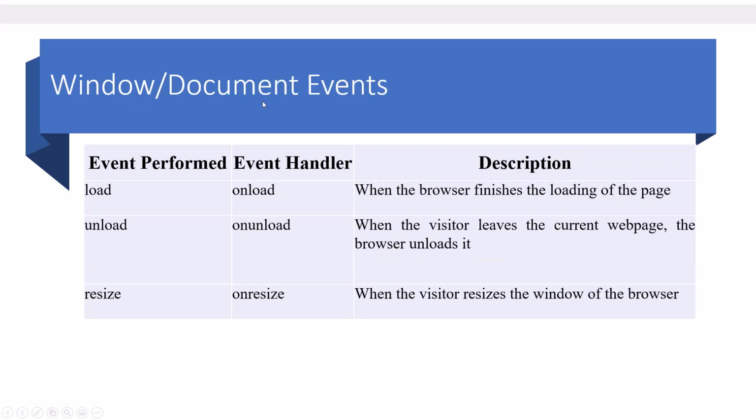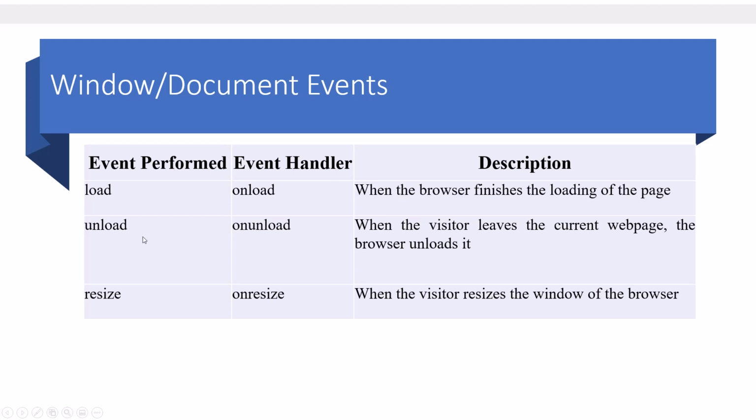Next are window or document events. If there is a window on the web page or any document, we use these three types of events: load, unload, and resize. For load, we have the onload event handler, used when the browser finishes loading the page.